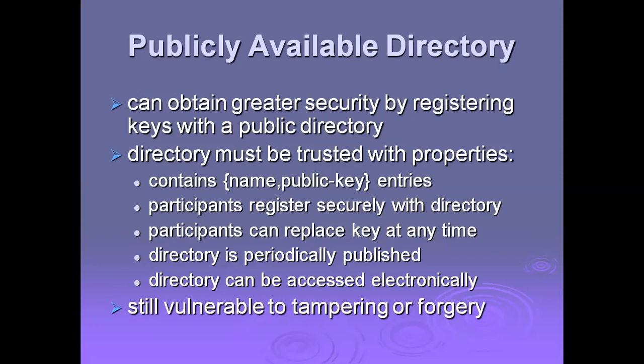So these are the properties of the public directory. Directory activities include how many participants are participating, how many are registered, how they are replacing keys over time, and how they are accessing it electronically. All these contents and properties must be maintained by the directory.